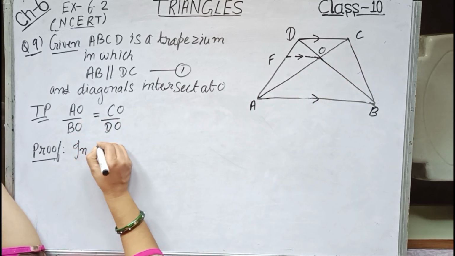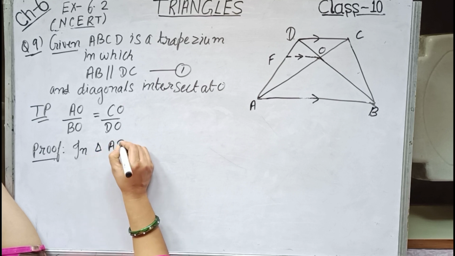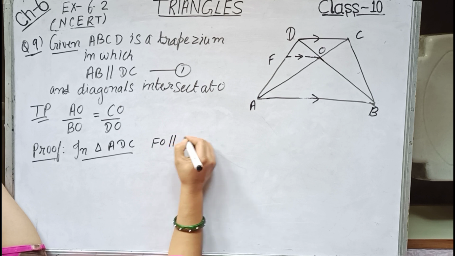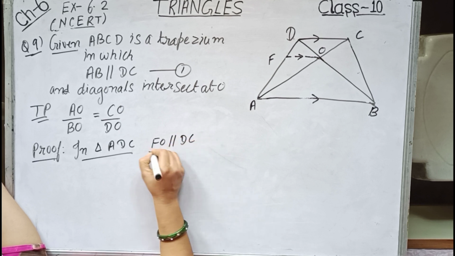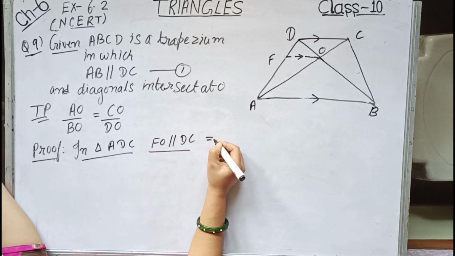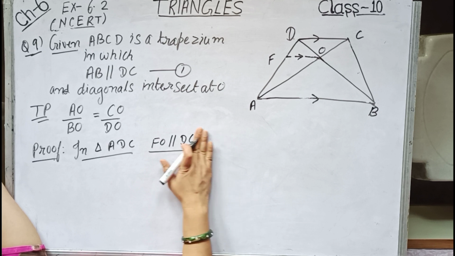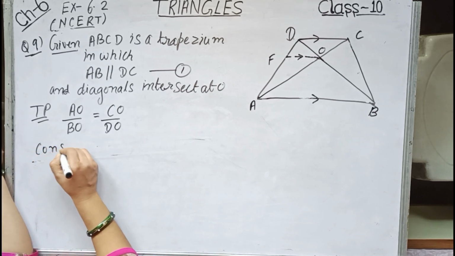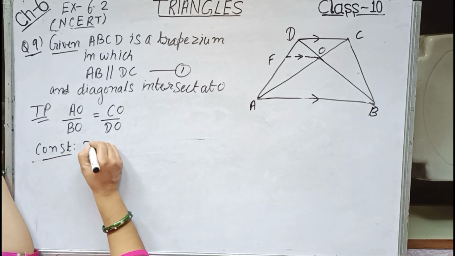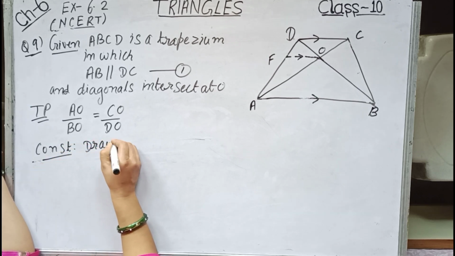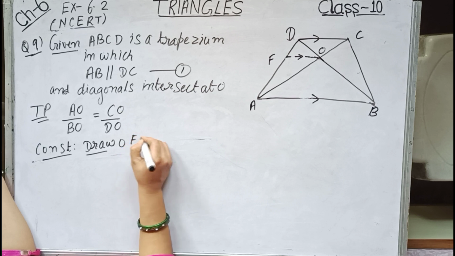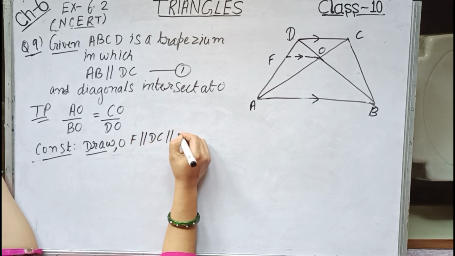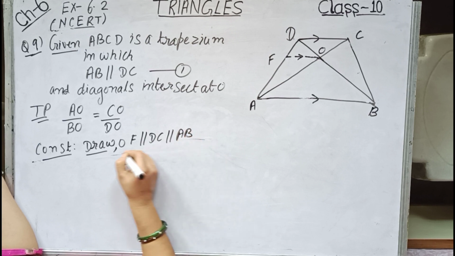So in triangle ADC, FO is parallel to DC. First, construction also we have to write. Construction: draw OF parallel to DC, which is parallel to AB.